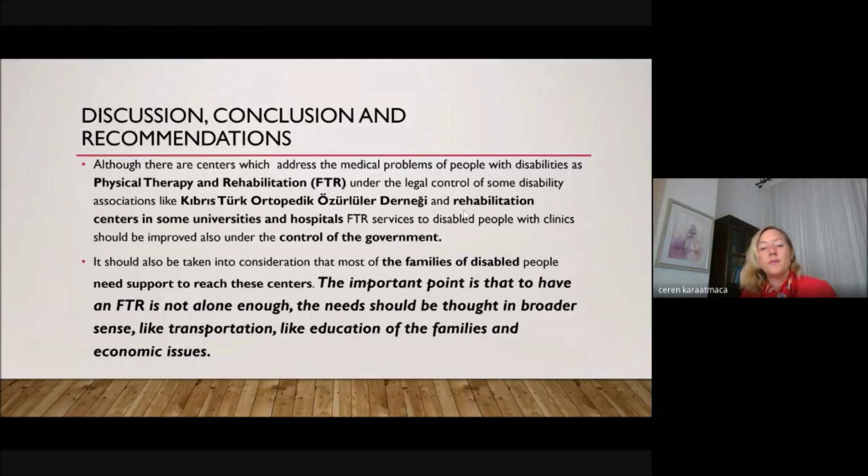And also it should be taken into consideration that most of the families of disabled people need even support to reach these centers. So the most important point, lastly, is that to have an FTR is not enough alone. You can have an FTR, but the needs should be understood in a broader sense, like transportation, education of the families, and the economic issues.